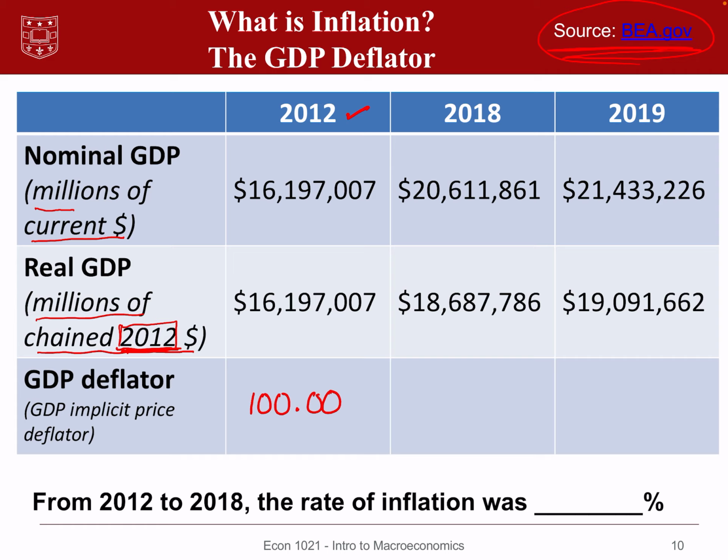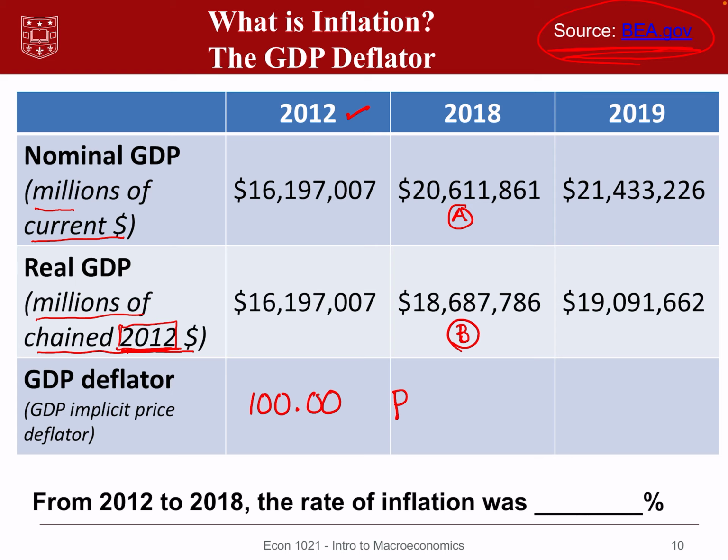So perhaps more interestingly would be the construction of the GDP deflator for 2018. For 2018, what you can do is calculate the deflator. I'm just going to call this A and call this number B so I don't have to write down all of these numbers.